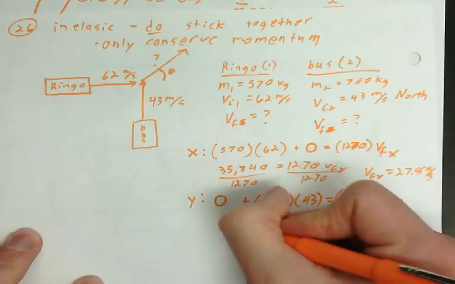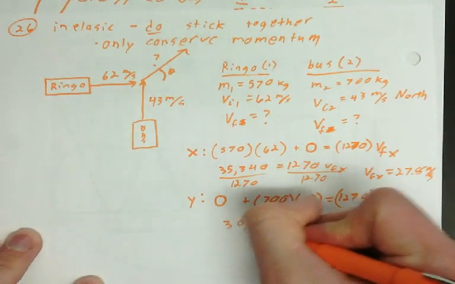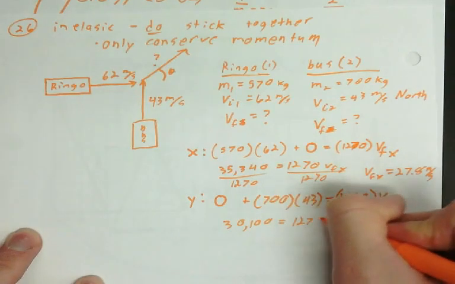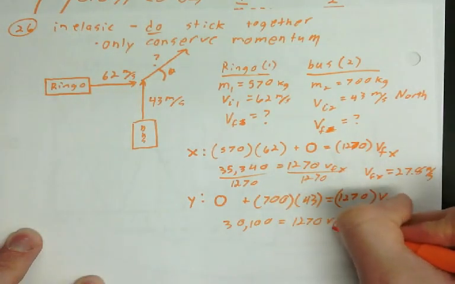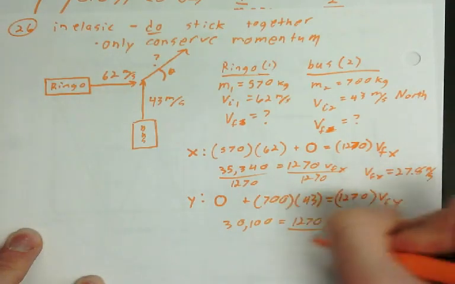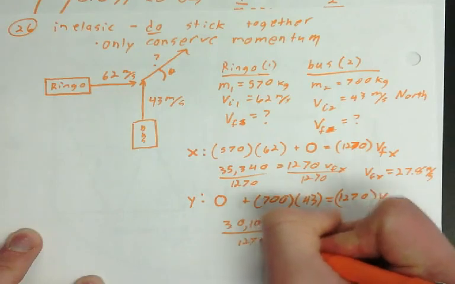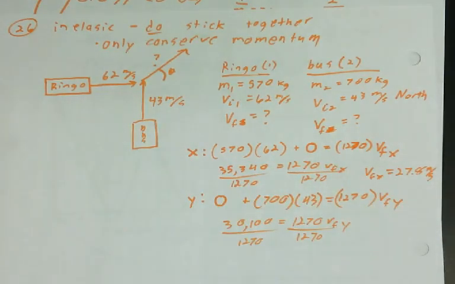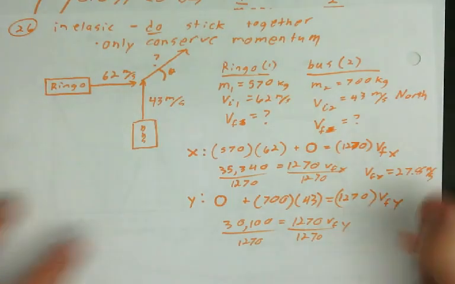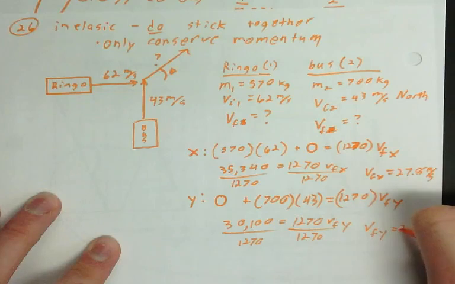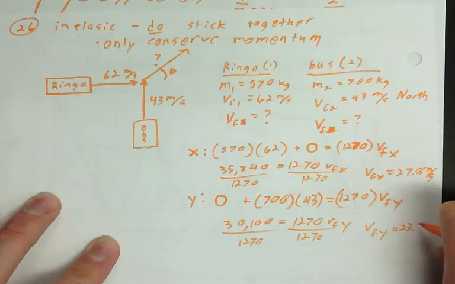So this is 30,100 equals 1270 v final y. Divide the 1270 over, and I get a final y velocity of 23.7.